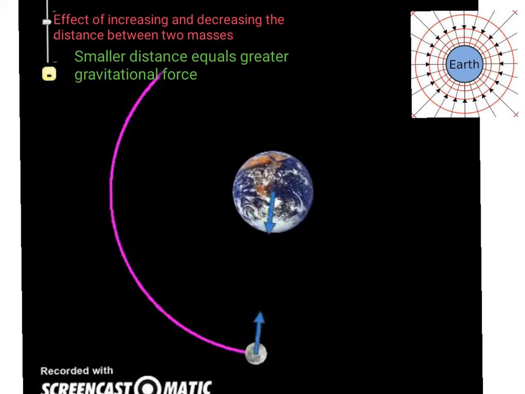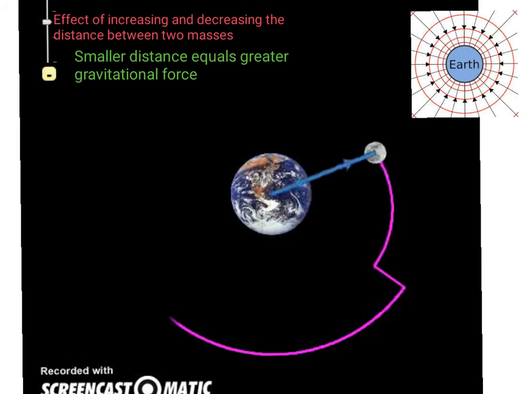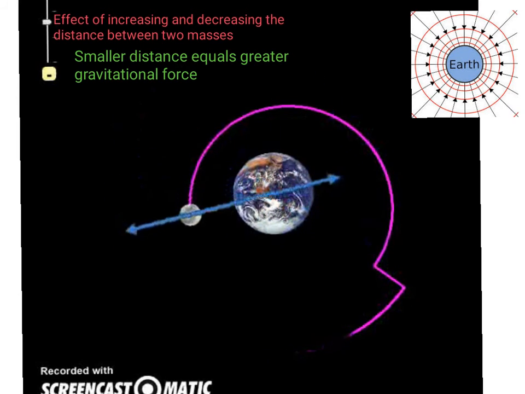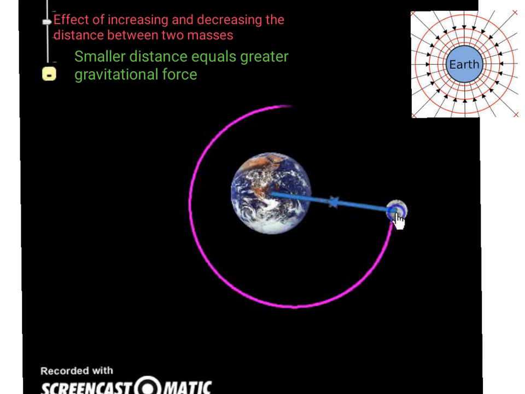All right, so this time we're going to change the distance between the moon and the Earth. And as we decrease that distance here, watch the force arrows. Our gravitational forces are going to be affected by that. So here we go, we move the moon closer, and we can see, of course, the gravitational force between the Earth and the moon is going to increase.